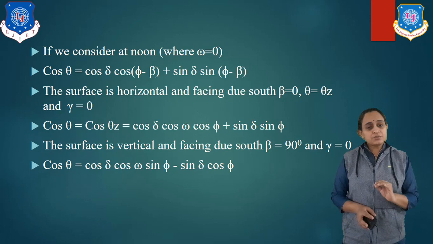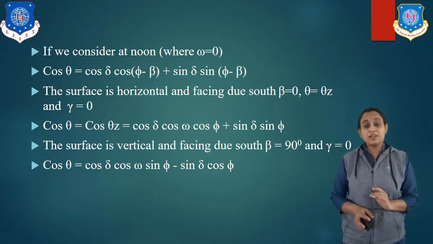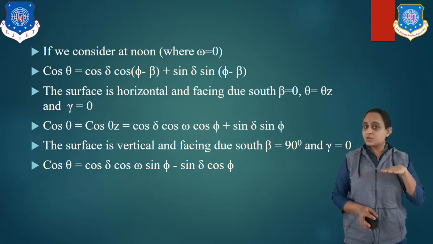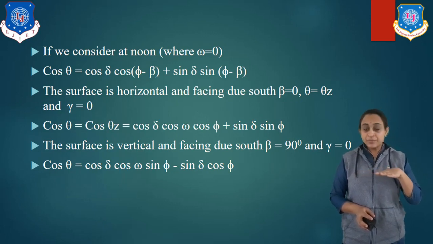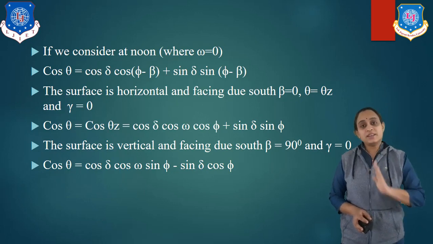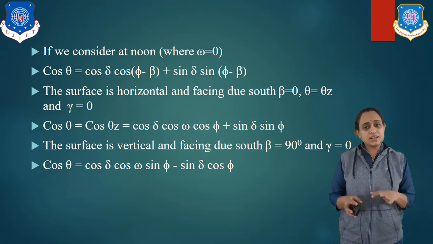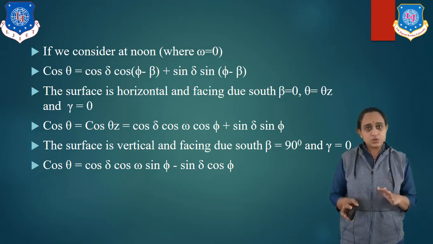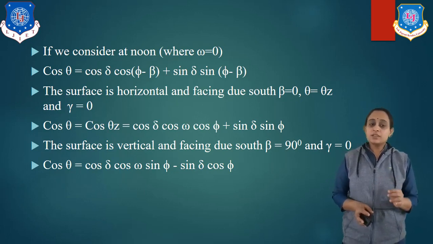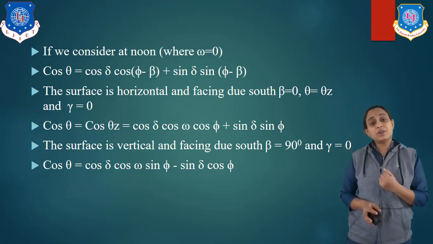Now, if the surface is vertical and facing due south, I repeat, initially if the surface is horizontal, beta is equal to 0. If the surface is vertical, then beta is equal to 90 degrees, and the remaining are the same: theta is equal to theta z and gamma is equal to 0. Now, what should be the final equation if beta is equal to 90?